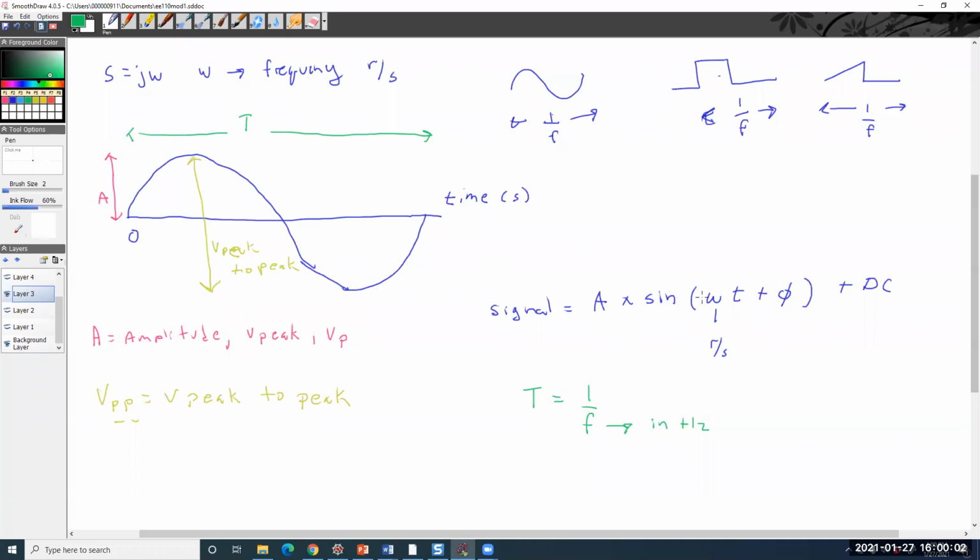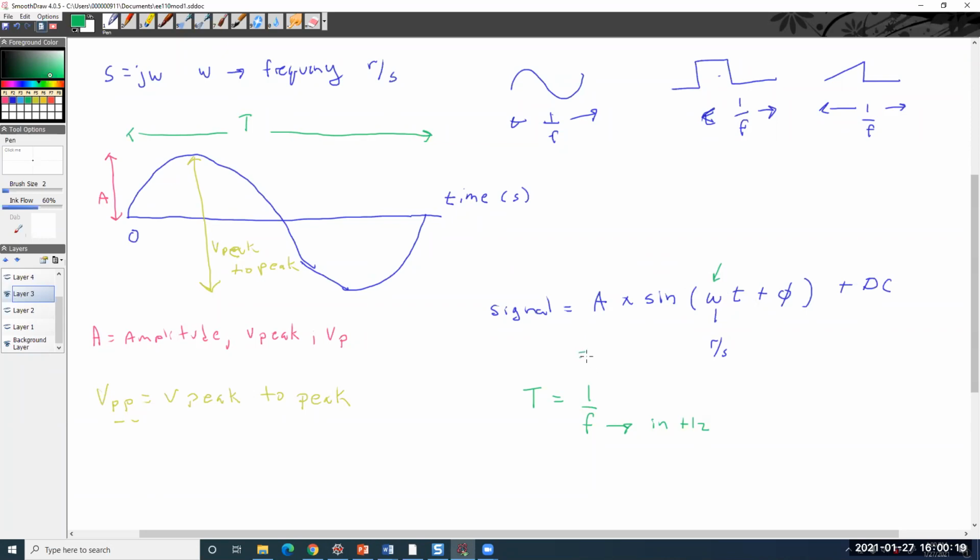But for instance, when programming in Python, the sine is given in omega, and if you're going to put in a frequency, you have to convert that.